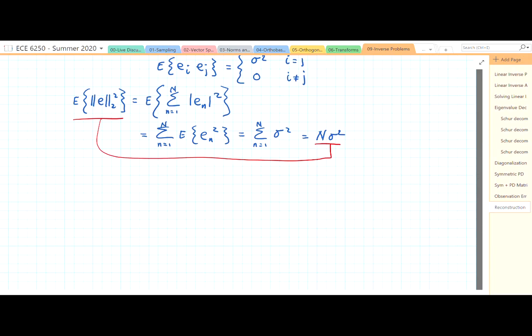That's just the expected value of the norm squared of the reconstruction error. So we're going to repeat this process, and this time it'll be a little bit more involved, but we're going to have the norm squared of A inverse times E. To make this computable, we do our spectral decomposition of A and write this out in terms of the inner product that induces that norm.